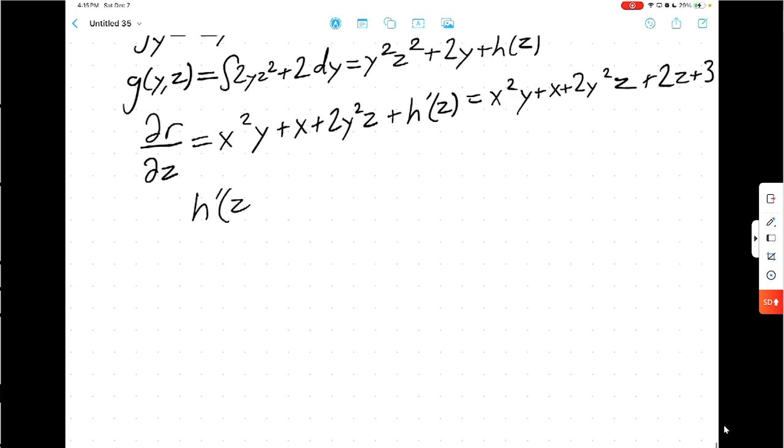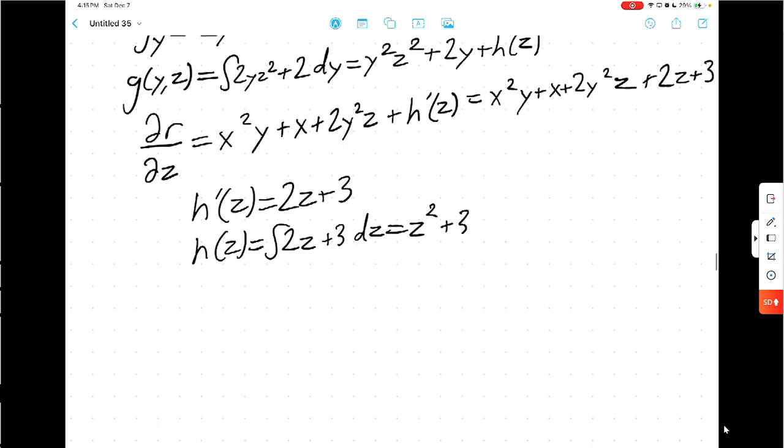So h prime of z is equal to 2z plus 3. And now we have to find h of z by integrating this with respect to z. Z squared plus 3z. And now it's a plus c, because we actually reached the end.